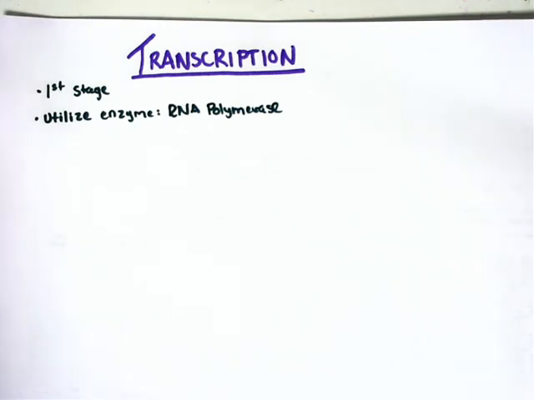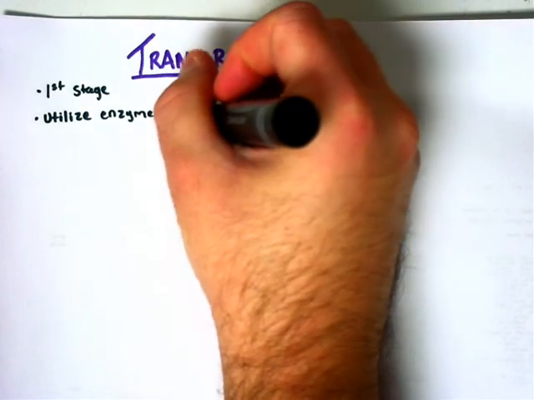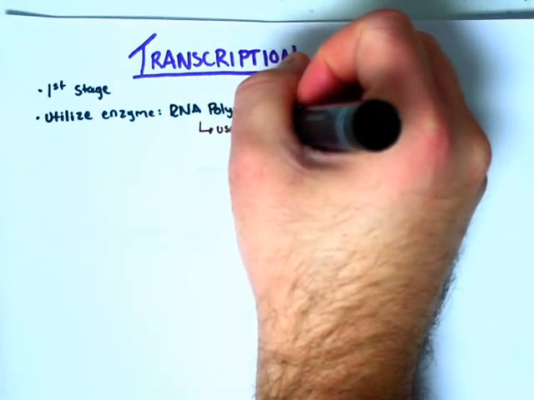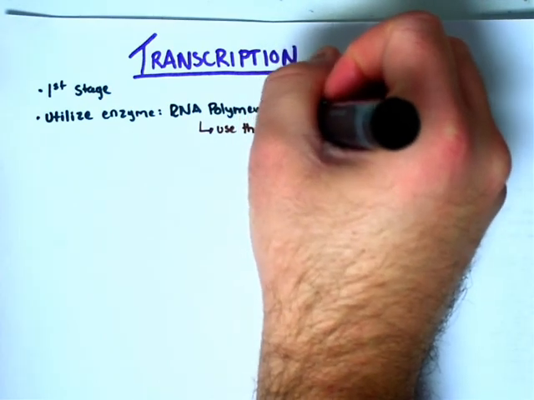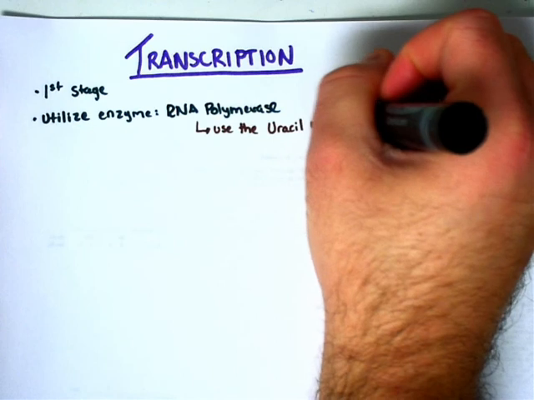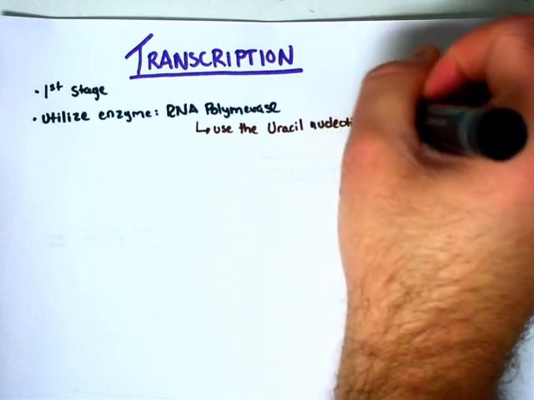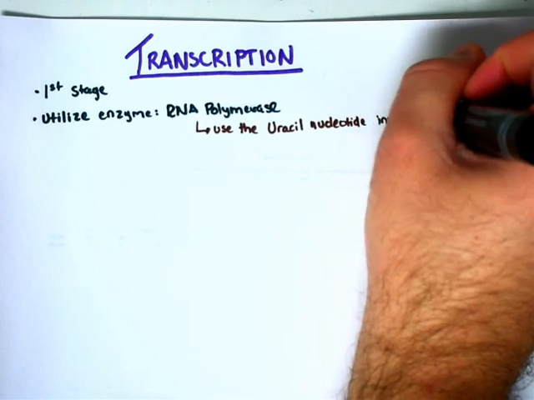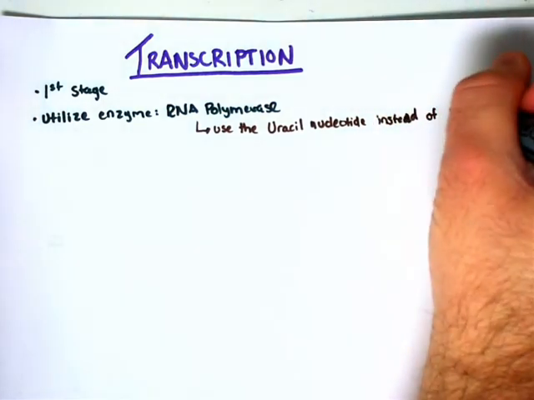The one difference between DNA polymerase and RNA polymerase is that RNA polymerase is going to use the uracil nucleotide instead of thymine.